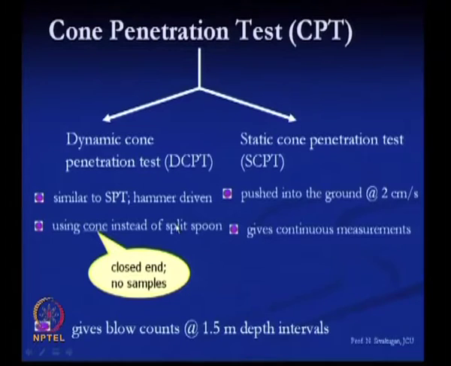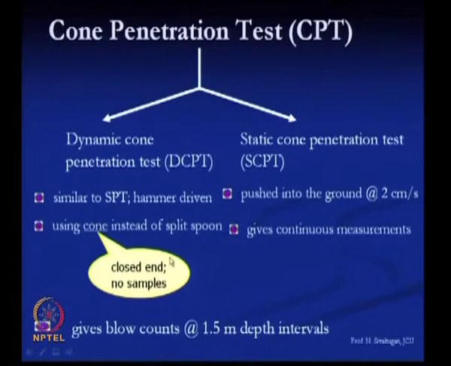The difference between SPT and this dynamic cone penetration test is that in SPT we are driving a split spoon sampler. Here, instead of a split spoon, we are using a cone and driving the cone into the soil. Another difference is that in SPT, as we are using the split spoon sampler, we can collect the soil sample from the desired depth, but in the dynamic cone penetration test, this cone is close ended, so we cannot collect a soil sample from this test.